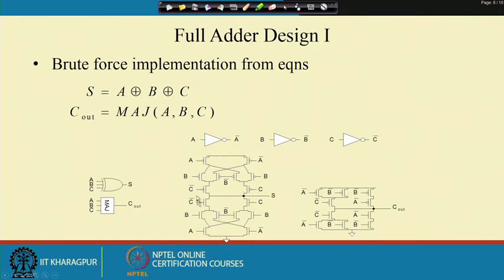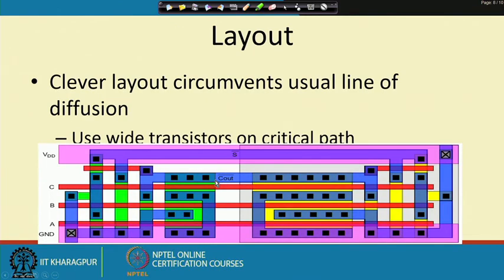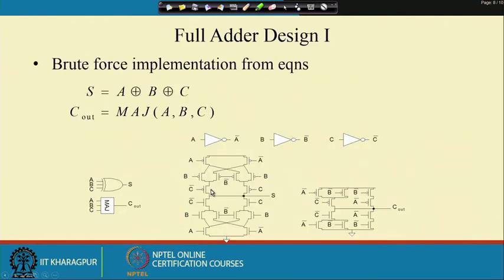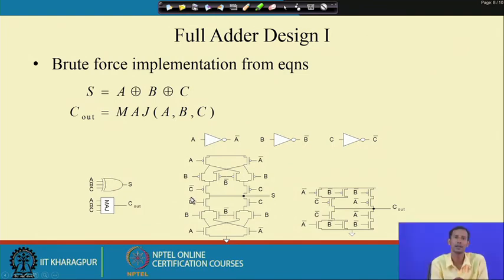Whenever I am doing transistor level optimization, for one single bit operation, if I can reduce this number, let us say by 4, and I use a 16 bit adder design, then 16 into 4 means 64 transistors I can reduce whenever I implement a 16 bit adder using this particular full adder cell.